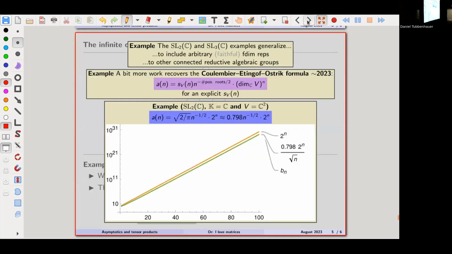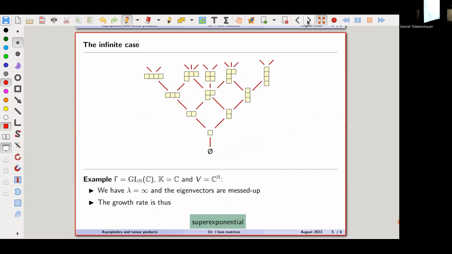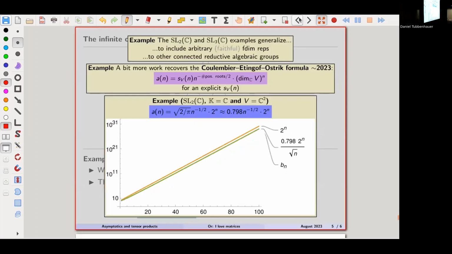Just some details. So here's the formula. One more example. So you get this formula. The one I told you was very different from square root of pi, square root of 2 of pi, square root of n, times 1 over square root of n times 2n. And in general, the formula looks like this.